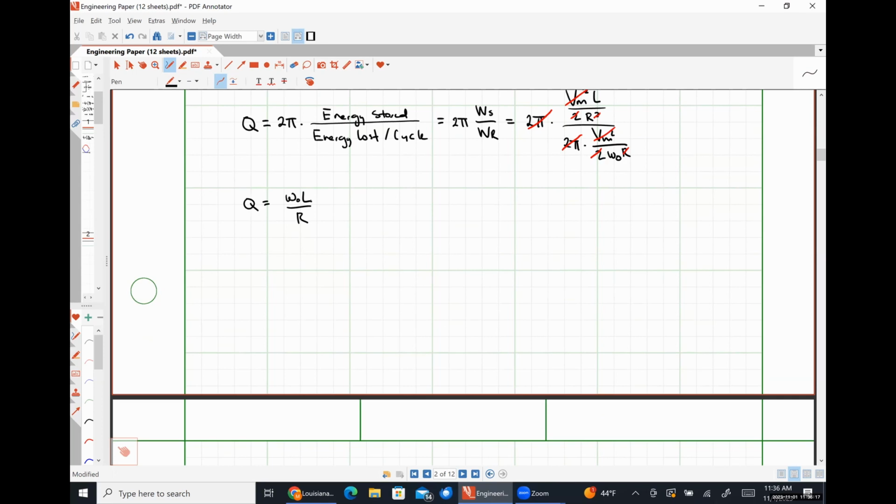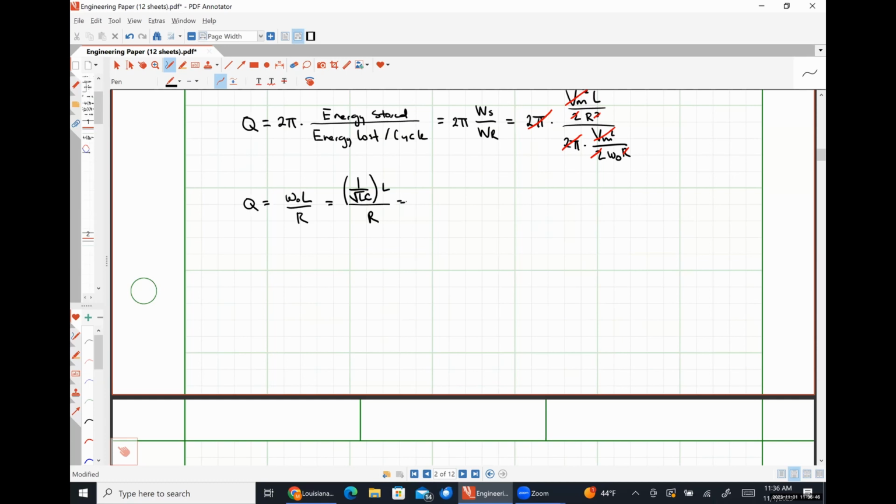So the quality factor for our system can be expressed in terms of the inductance value, the resistance, and the resonant frequency. Let's take this one step further. We know that omega naught is equal to 1 over the square root of LC, like so.